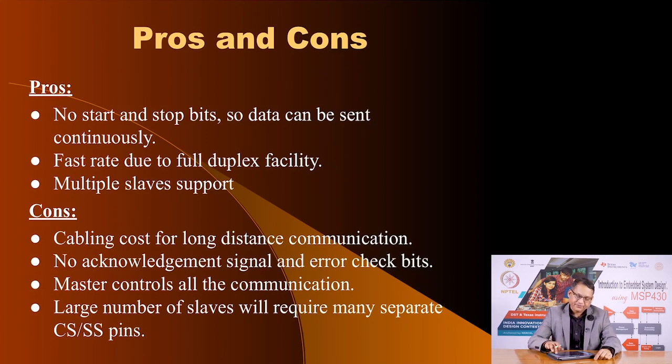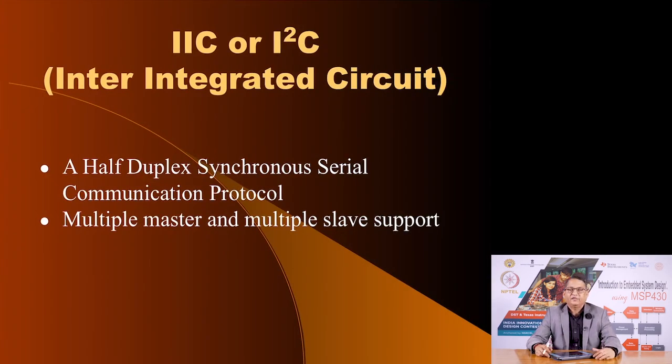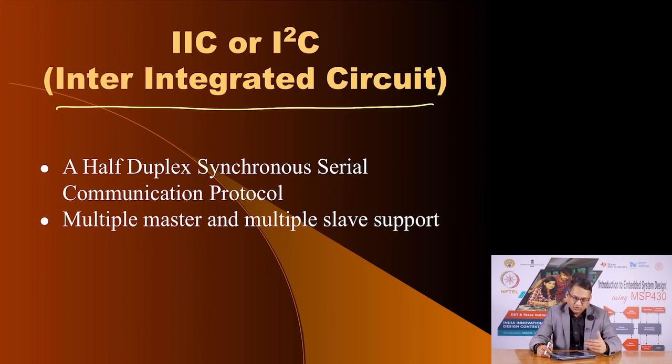disadvantage of this method. The third method of communication that MSP430 offers is called inter-IC communication. As you see here, it is called I2C. It is a half duplex communication protocol, and you can connect multiple devices, multiple slaves to the microcontroller, and you can connect up to 7 additional devices.